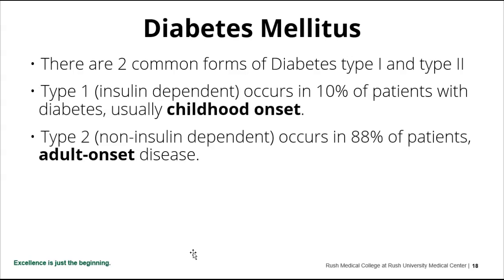Type 2, which they used to call non-insulin dependent diabetes, though they don't really use that as much anymore, occurs in 88% of patients. So it's far more common than type 1. So almost 90% of cases of diabetes, if you just use the word diabetes, you're probably talking about type 2, which is more of adult onset.